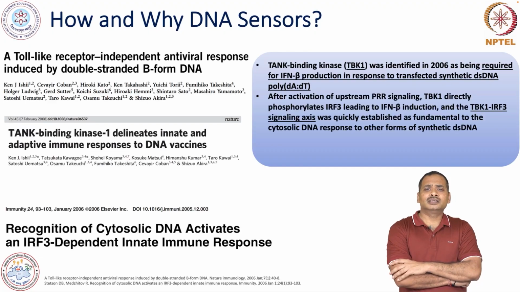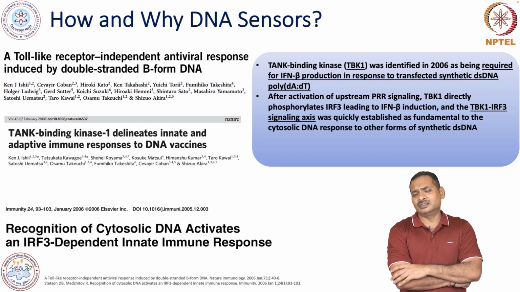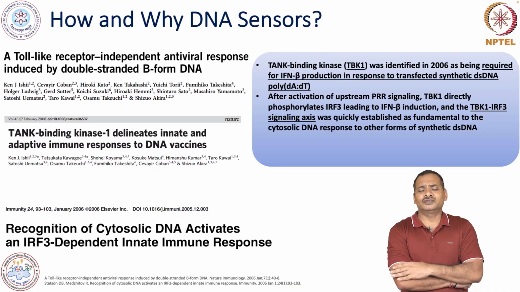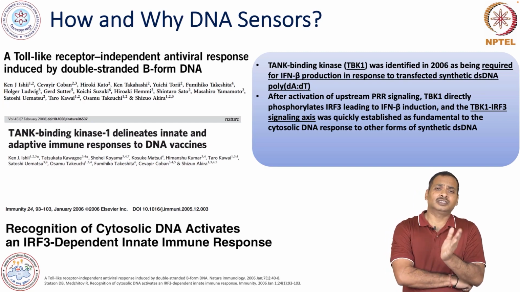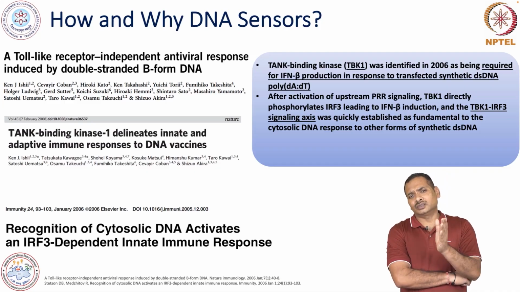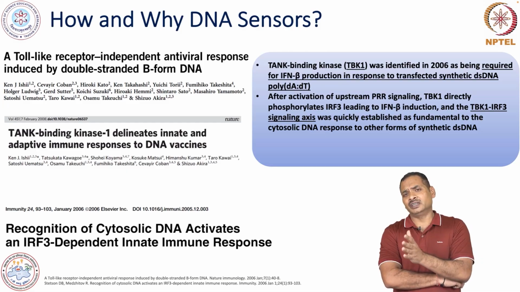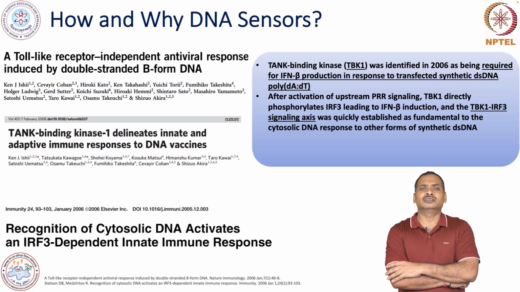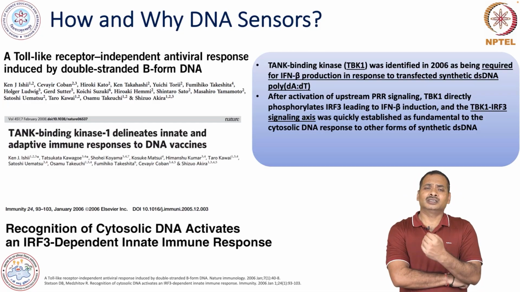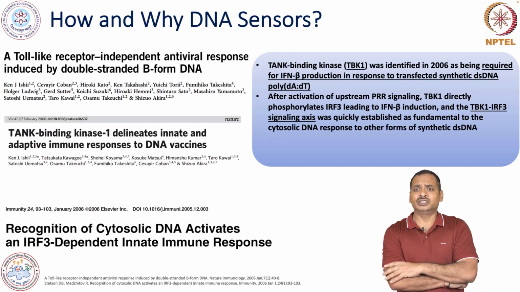This suggests that the TBK1 IRF3 axis is the same as in TRIF dependent signaling or RLR signaling. So, this TBK1 IKKi IRF3 signaling axis is also needed for the DNA dependent induction of type 1 interferon.